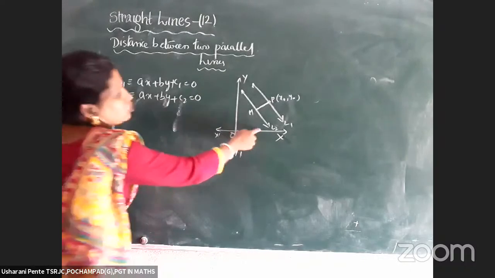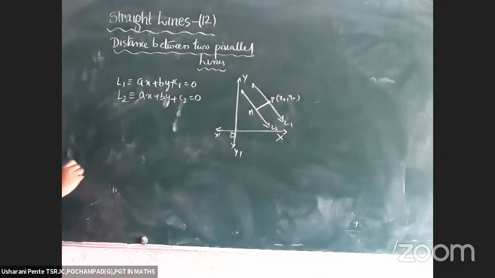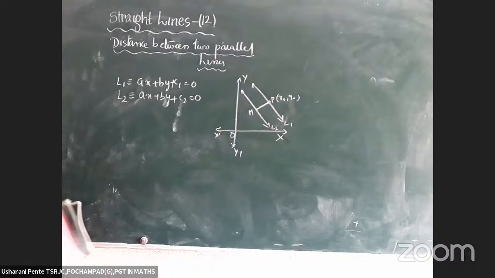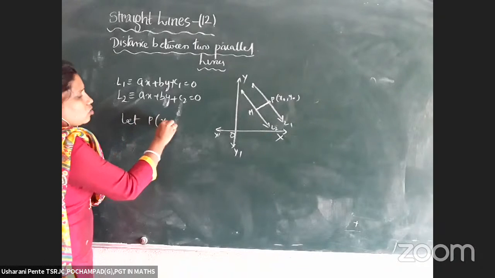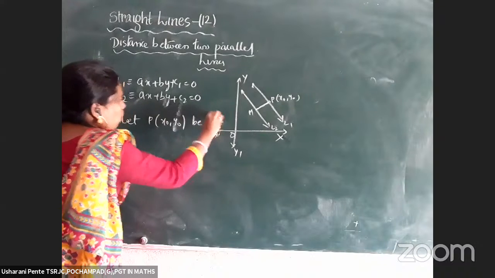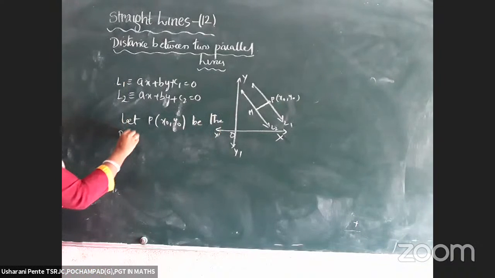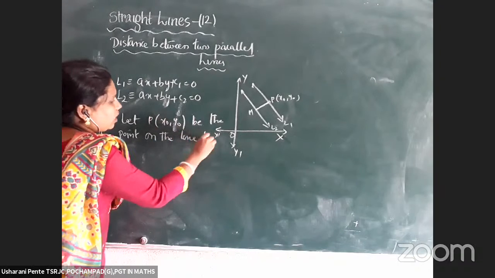So from this, these two are the parallel lines and P is the point on the line. So let P of x0, y0 be the point on the line L1.